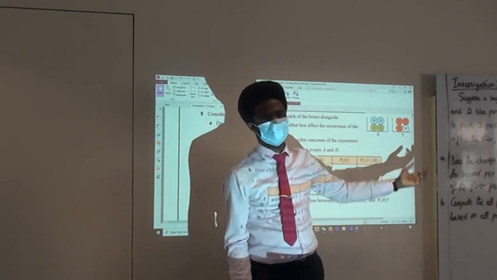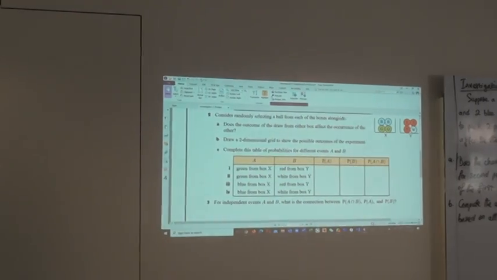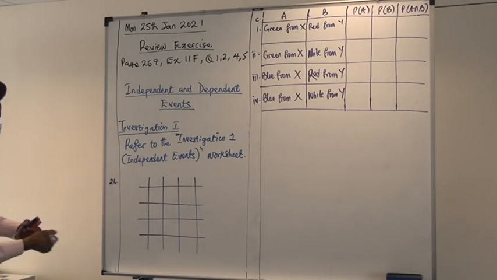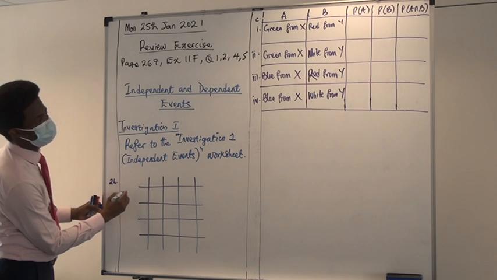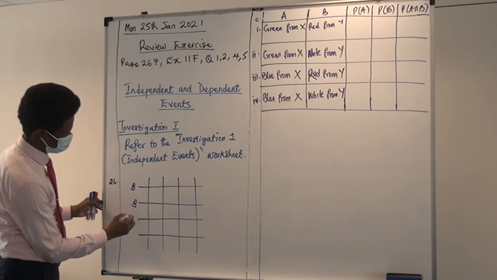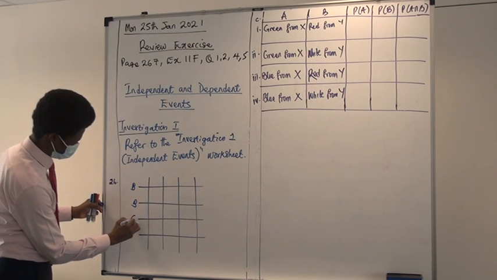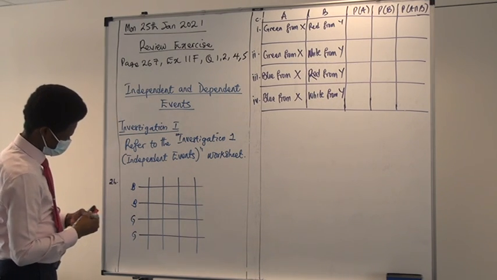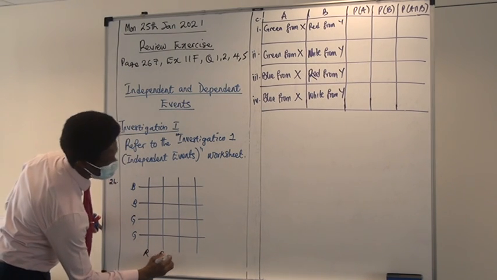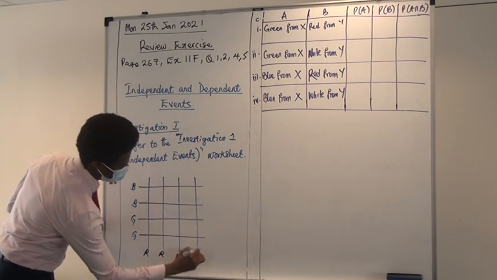That's the whole idea. Now, the first thing is to draw a 2-dimensional grid of all the possible outcomes. If this is box 1, then this would be our blue, and this would be our green. This would be our red, again, then white.